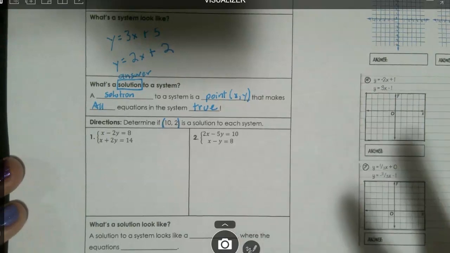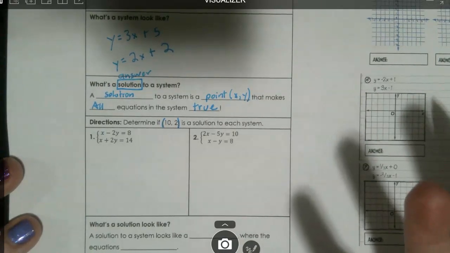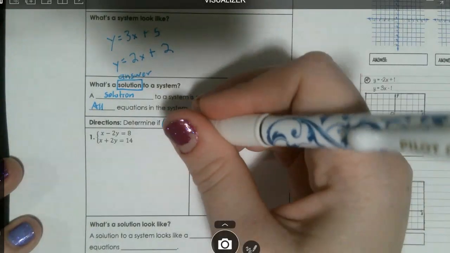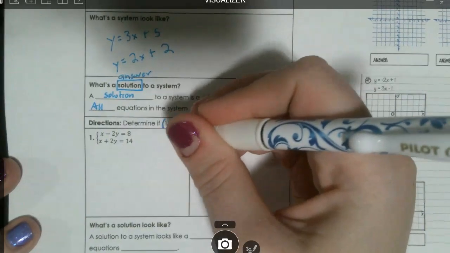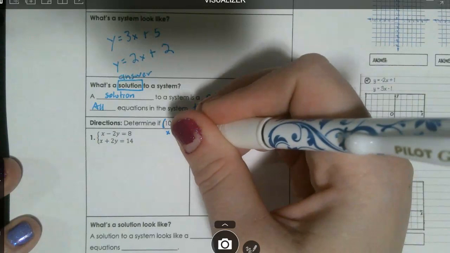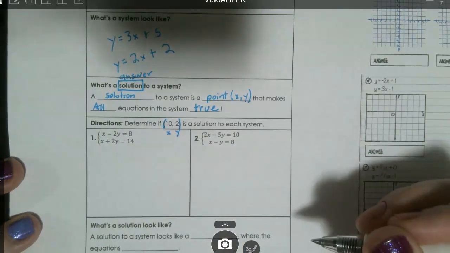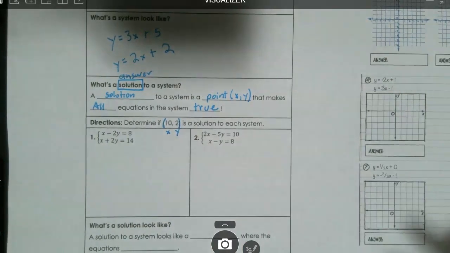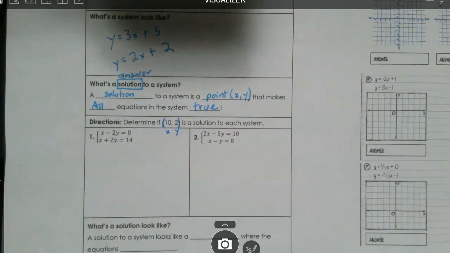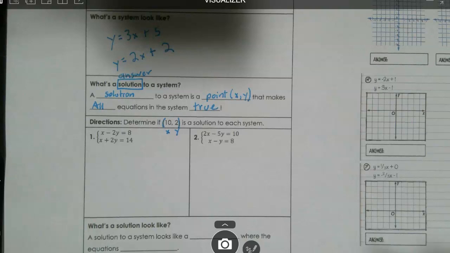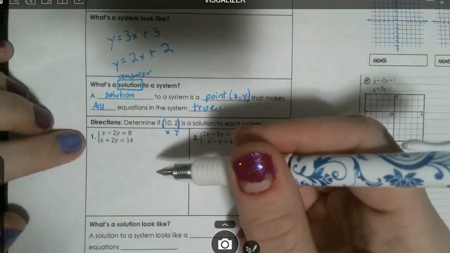But how do you even check to see if it's a solution? Well, remember that this point has an x value and a y value. So what we're going to do is substitute those values into both equations and just see if it's true.